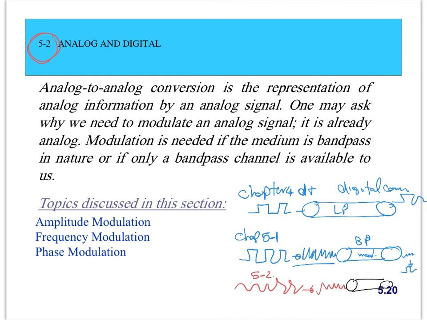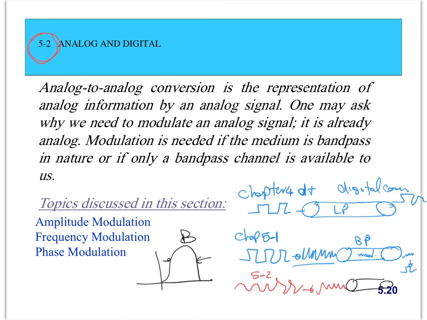It's not bits, right? So we cannot use bit rate to characterize the analog signal. The only thing that we can use to describe the analog signal is the bandwidth, the bandwidth in the baseband.